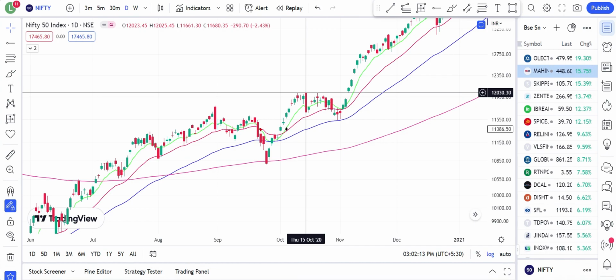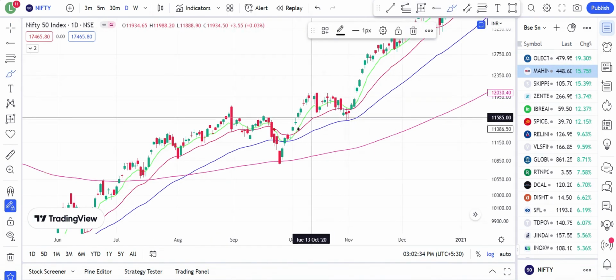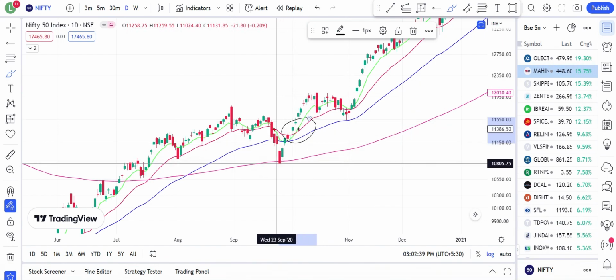If there is a crossover or a signal has been generated, you do not enter on the signal itself. You wait for the pullback. Now, if that signal is genuine, it will surely take out the high which was formed before the pullback. You see it here. For example, this crossover was given here.